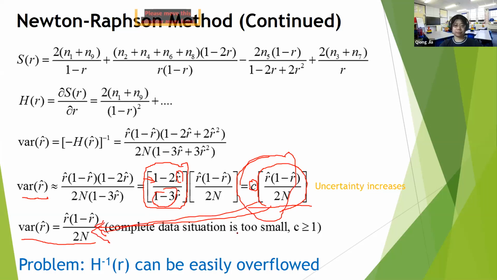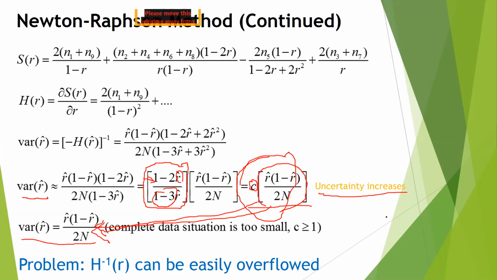What does that mean? That means uncertainty increased. If we see the complete data, the 16 cells, we can get a better estimation for R hat, right? But if we lose some information, if we can only see 9 categories, that means some information is lost. Then when we do the estimation for R, we increase our uncertainty. Which means the variance calculated with the C is greater than the complete case, the 16.